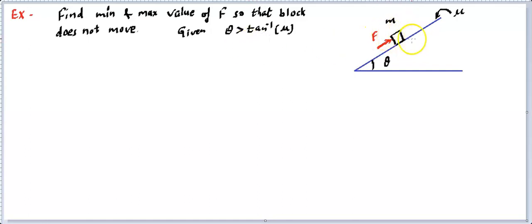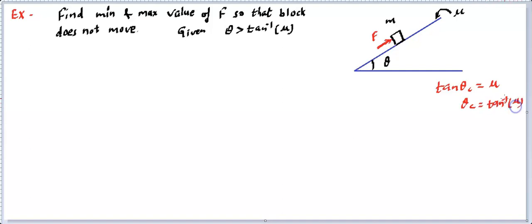So if you talk about the just limiting condition or just sliding condition, that means if there is no force acting, and we talk about this block's just sliding case, we call it the critical angle. So there's a formula: tan theta c, called the critical angle, is equal to mu. So theta c is basically tan inverse mu.